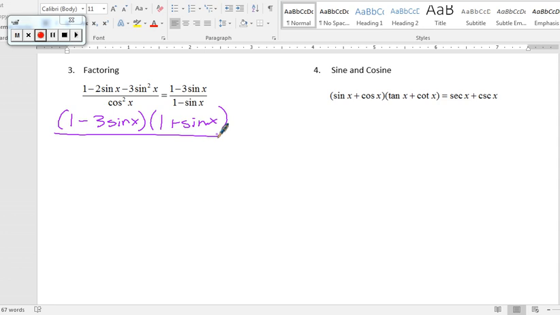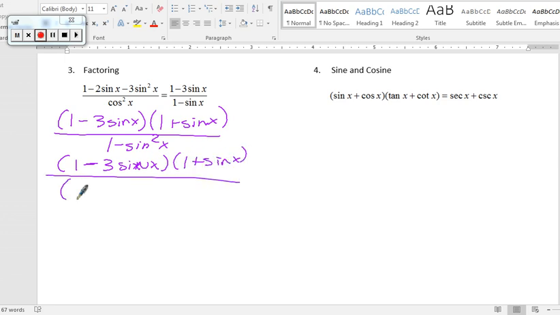I'm going to replace this at the same time with 1 minus sine squared x. When I do that, this denominator now becomes factorable as well. So I'm going to get 1 plus sine x over 1 minus sine x.